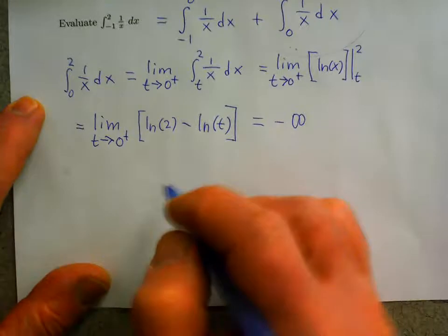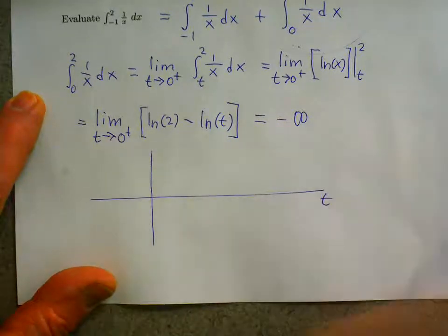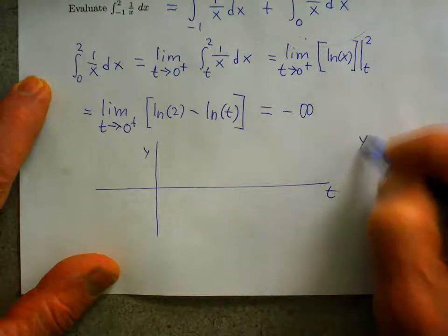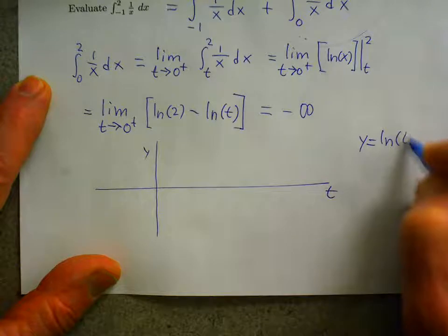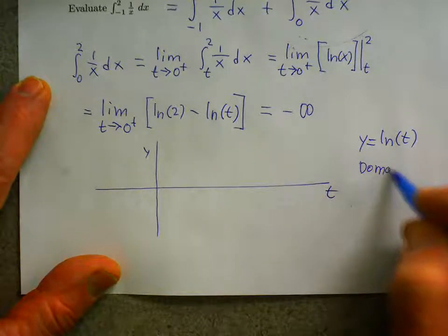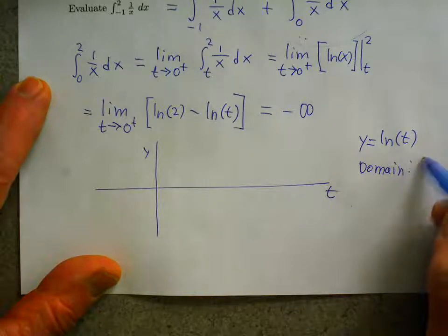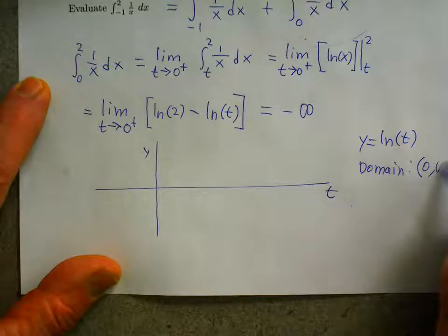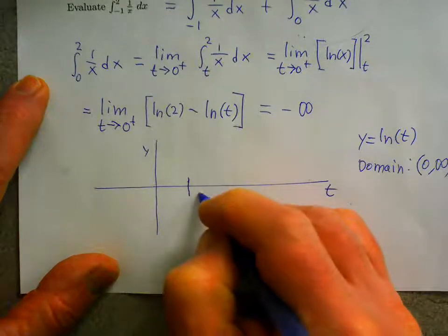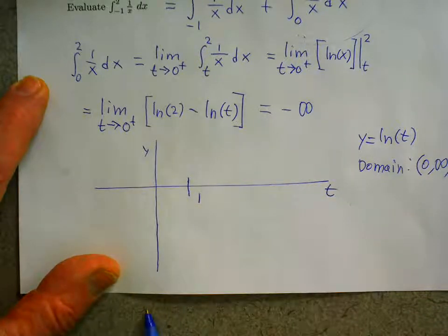If you consider the graph of y equals the natural log of t, the domain of this is all positive numbers, so from 0 to infinity, but excluding 0. And the negative y-axis is a vertical asymptote.